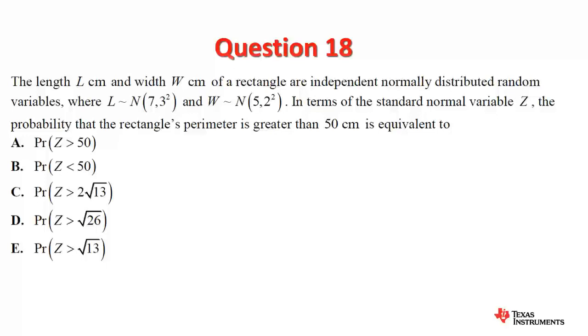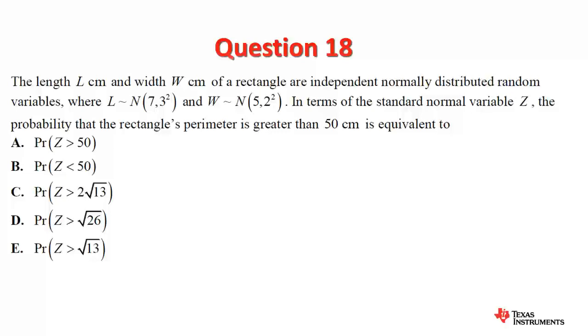In terms of the standard normal variable z, we want the probability that the rectangle's perimeter is greater than 50. You'll notice that all the options are related to the standard normal variable. This question is very similar to the 2017 exam 2, question 18, which only 42% of students got correct.